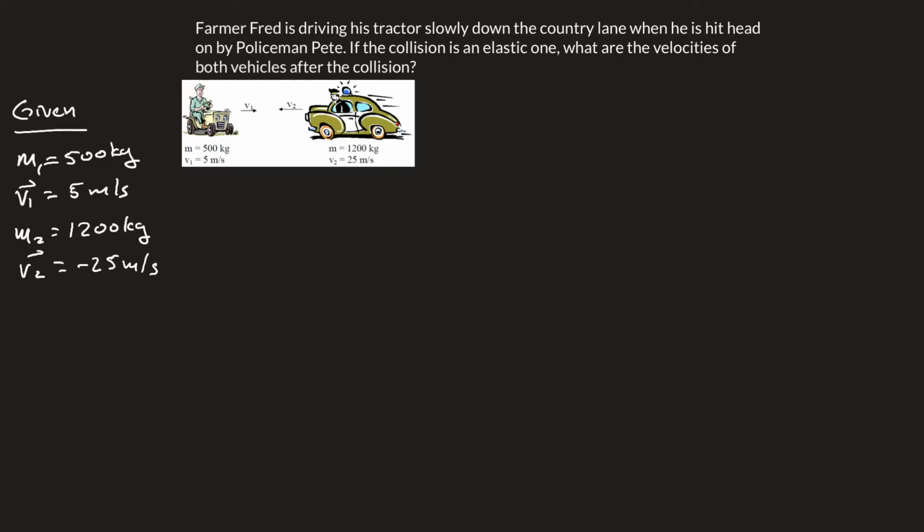So to go ahead and solve for Farmer Fred's final velocity, assuming this is a perfectly elastic collision, we have a rearranged formula that gives us direct access to v1 prime.